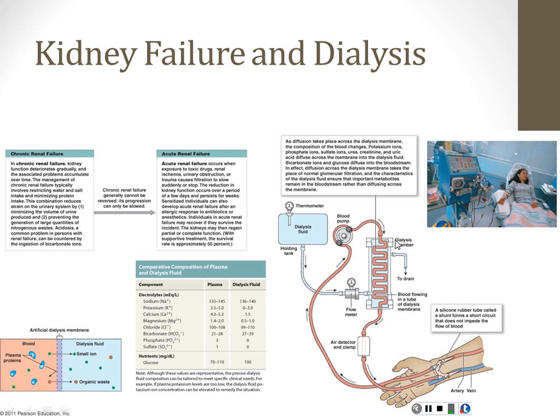So the blood that goes in here is different in consistency than the blood that comes out here and then goes back into the patient. Using this process, we can get urea out. We can manage glucose levels a little bit. We can manage sodium and potassium levels pretty well.